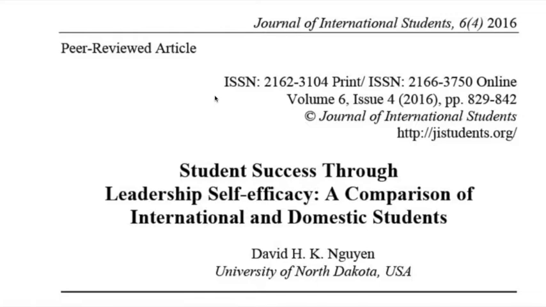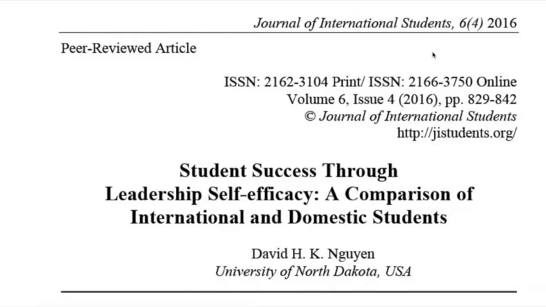There are lots of fake journals these days, so we need to make sure this particular research paper is published in a credible journal. This is the name of the journal: Journal of International Students. This is something you can search in Google to see whether it is a real journal.